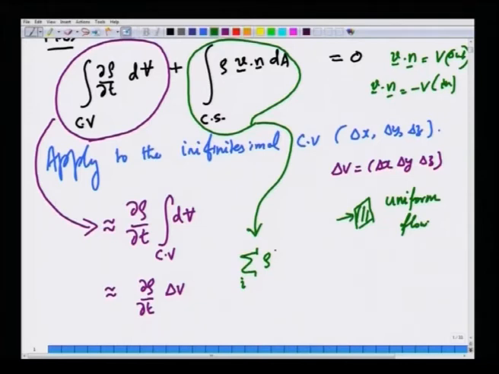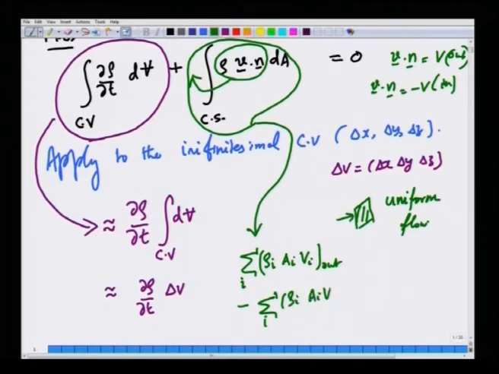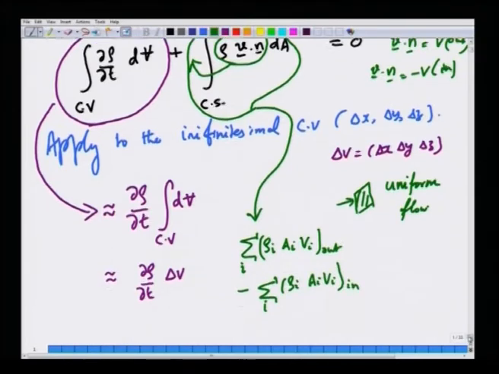The key thing is that if things are uniform, we can pull this outside the integral, and the integral over dA will simply give you A, the area of cross section through which fluid is flowing. So, we will get rho I A I V I out minus rho I A I V I through all the inlets.